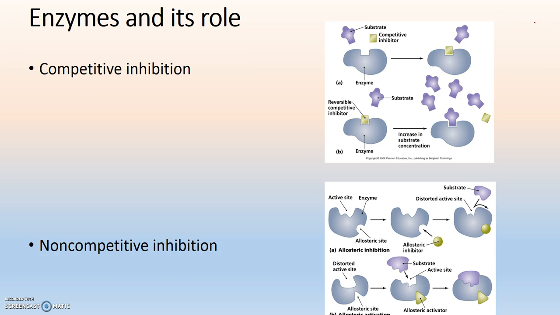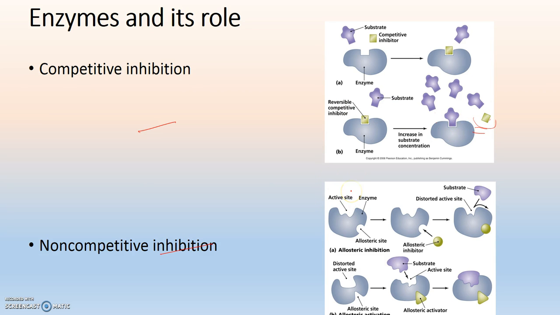This is just a picture trying to explain to you competitive and non-competitive. Competitive, watch, here's the inhibitor, the green, it is binding, it is not allowing the actual substrate to bind. It can be easily overcome. You just increase more substrate, and the inhibitor is outnumbered, cannot bind, and that's fine.